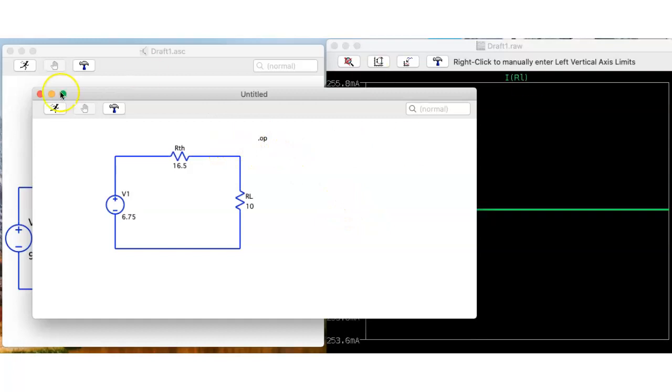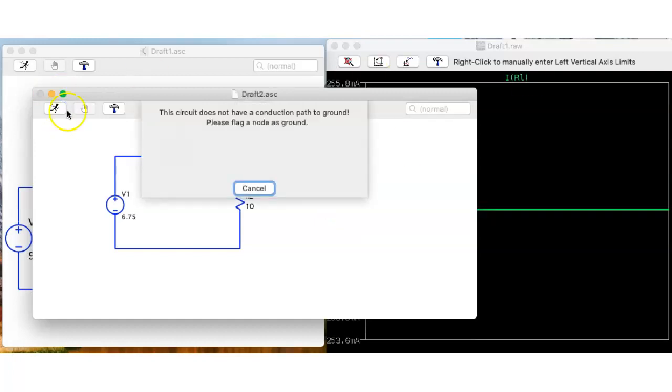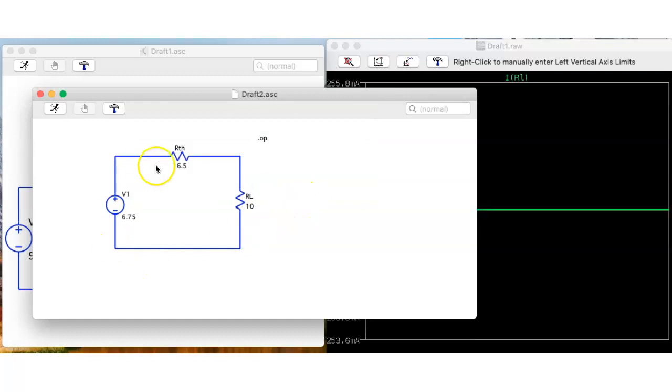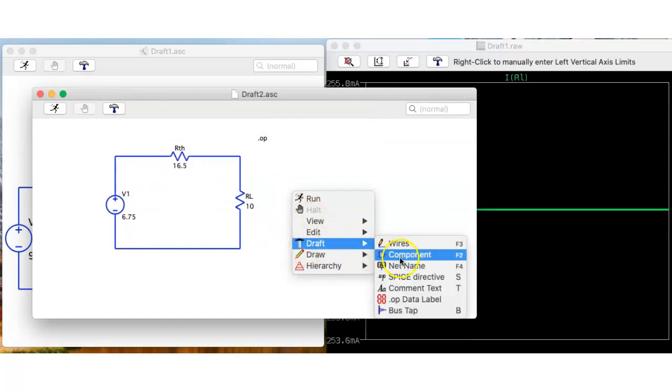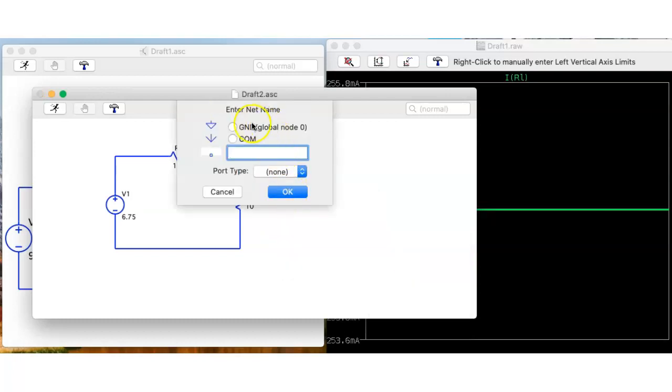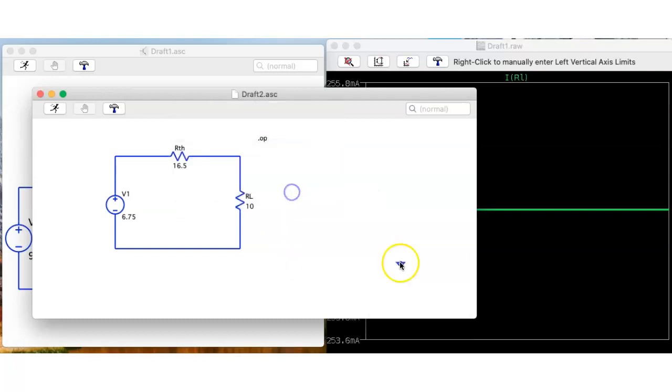Now run this. The circuit does not have a conduction path to ground. Please flag a node as the ground. So that means every circuit must be grounded. To ground it, let's put a net ground here. Now run this.